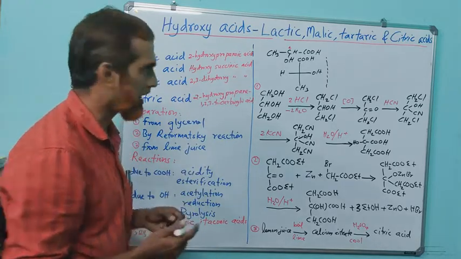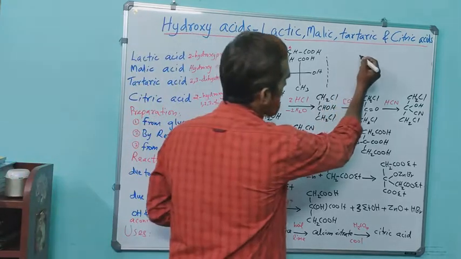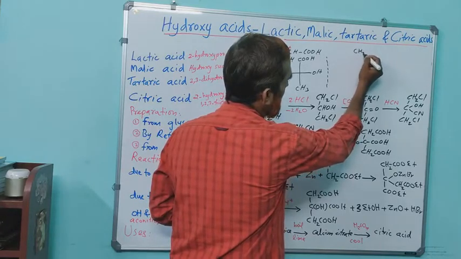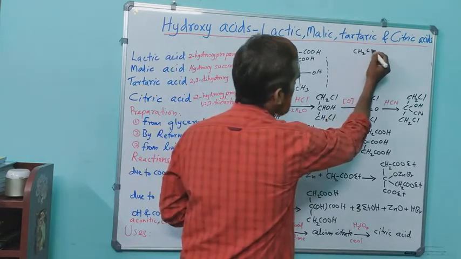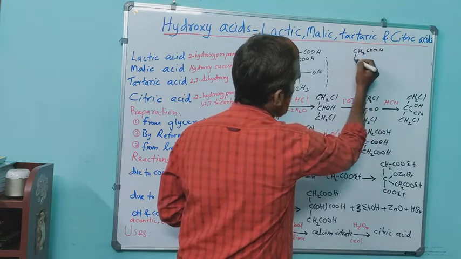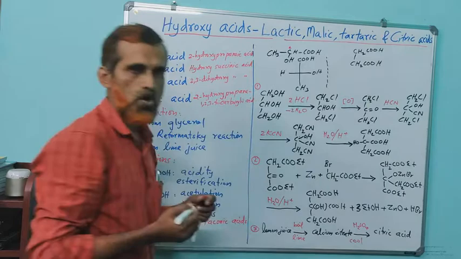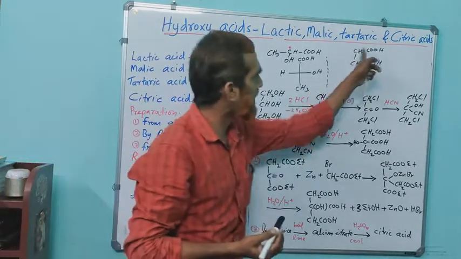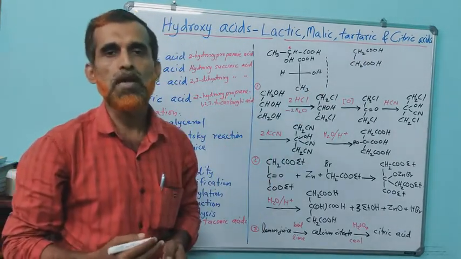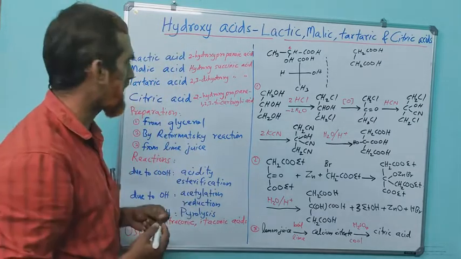We have learned about succinic acid, which is a dicarboxylic acid, CH2COOH, CH2COOH. This is succinic acid. We can also call it butane 1,4-dioic acid. That's the strict IUPAC name.